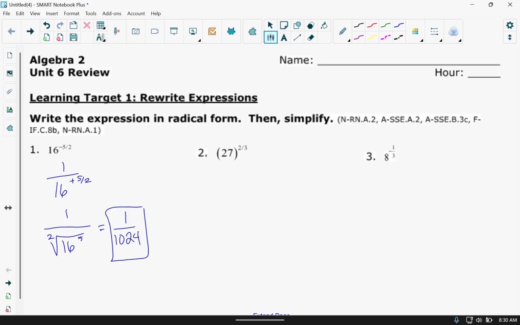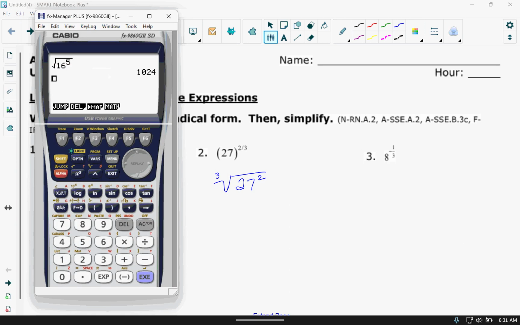Number 2 says 27 to the 2/3 power. There's no negative here, so we can actually just turn it into the radical. So 27 goes inside of a radical. The bottom of that fraction is a 3, so I'm going to put 3 on the index, the little step of the radical, and then the exponent of 2 goes on the 27.